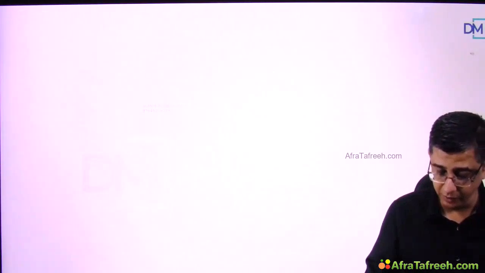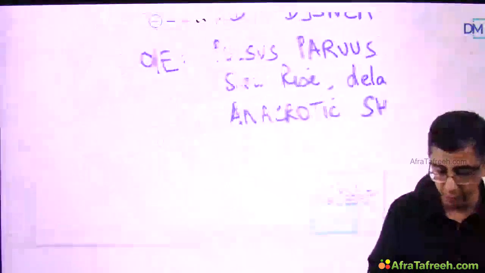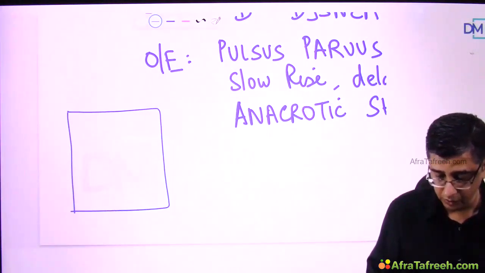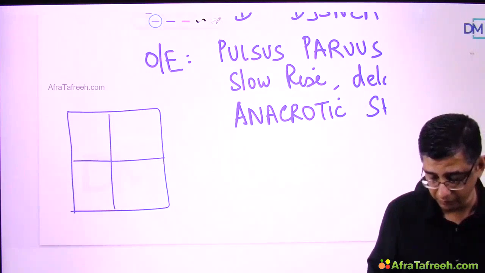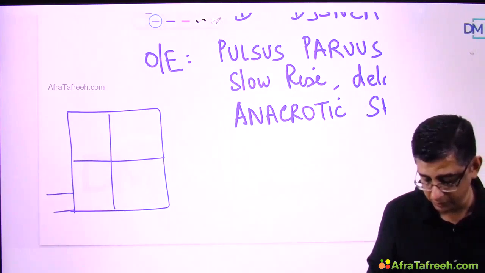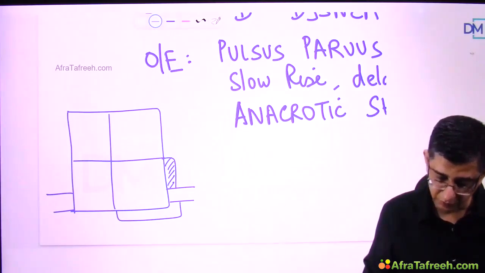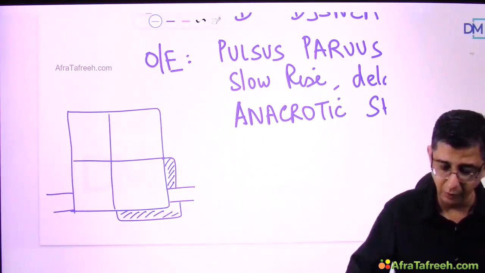Let me explain this in a different way so that this becomes a permanent memory. Let us assume this to be a representation of the left ventricle of these patients, which is obviously going to get hypertrophied subsequently. And the orifice of the aortic valve in these patients has become progressively narrowed.